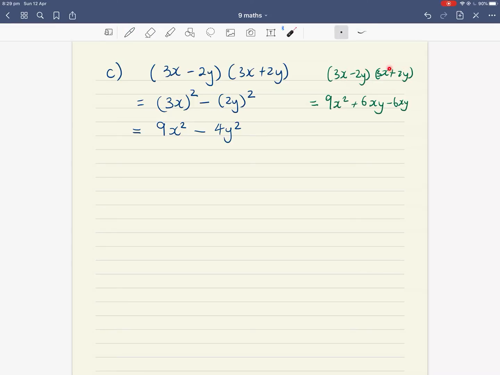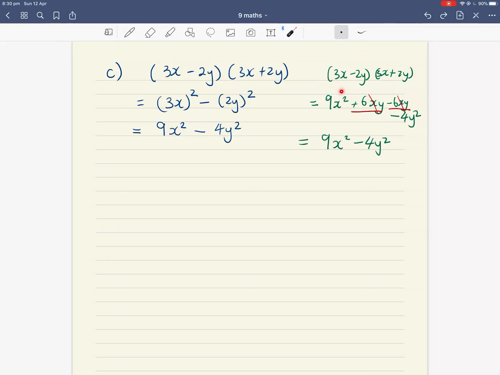And finally, your last is minus 2y times positive 2y gives you negative 4y squared. So because you have plus 6xy and minus 6xy, they cancel each other. So really you're left with 9x squared minus 4y squared, which is the same as what the pattern you memorized was. So if you can't memorize the pattern, that's okay.